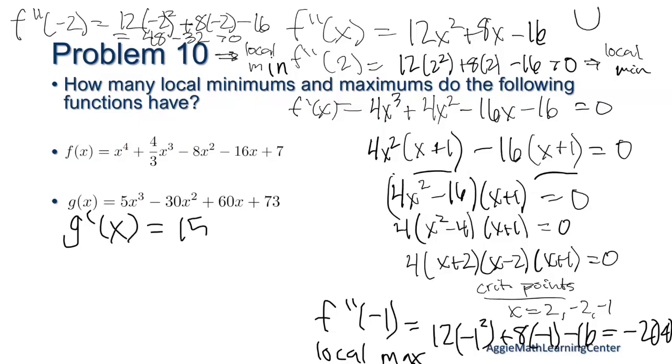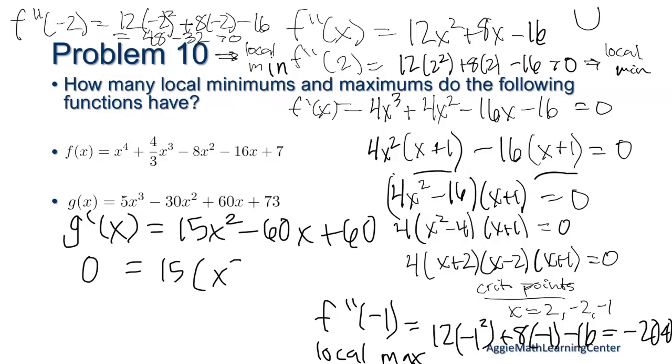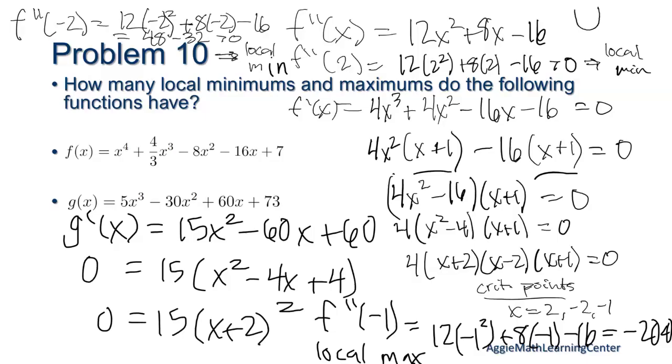What is that? 15x squared minus 60x plus 60? We want to know when that's equal to 0. So we can pull a 15 out and we get x squared minus 4x plus 4, which is x minus 2 squared.